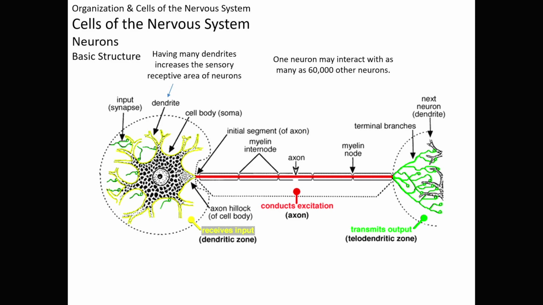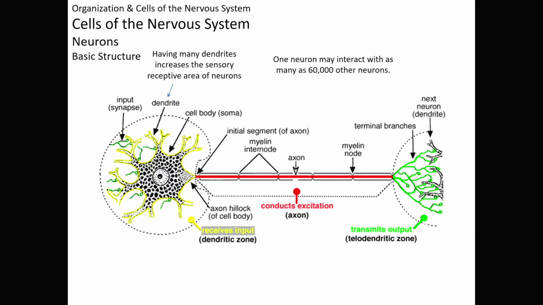And then we said that that integrated sensory input gets fed forward to the initial segment of the axon. If we have gotten up to some threshold value of sensory input, then the axon initial segment will generate an action potential, and that action potential will be conducted down the entire length of the axon, right?